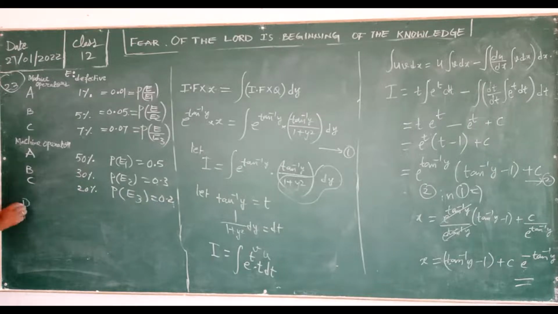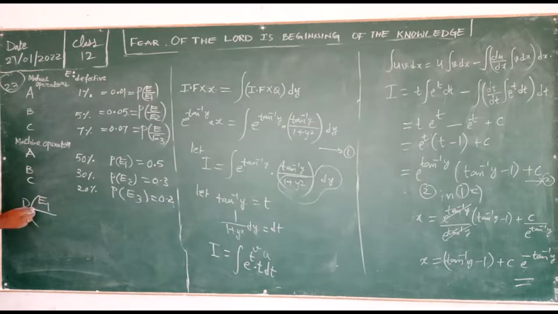So first it needs to be produced by A, and that item should be defective. By using Bayes theorem, what is your formula?